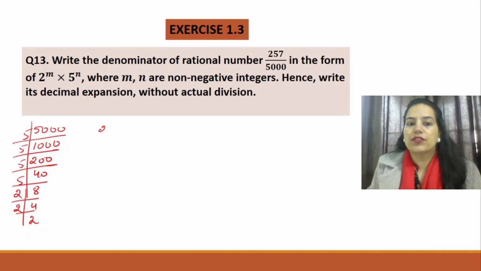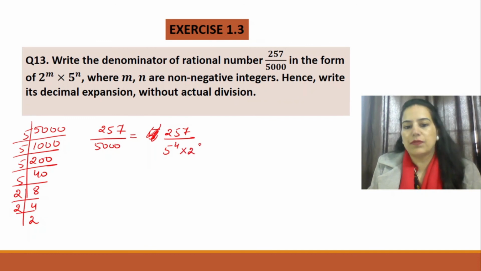So I can write 257 upon 5000 equals 257 upon 5 raised to the power 4 and 2 raised to the power 3.